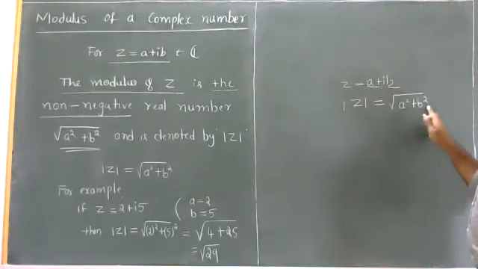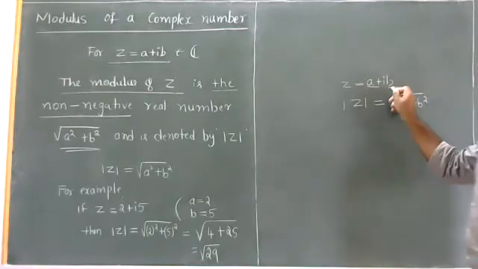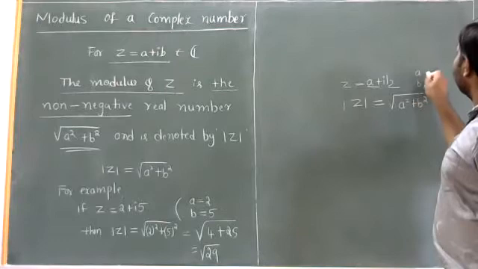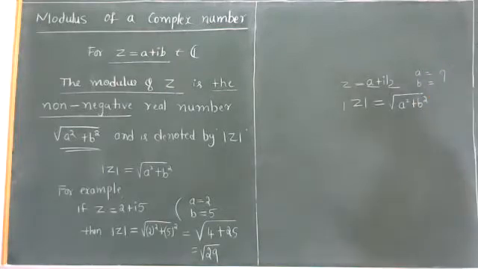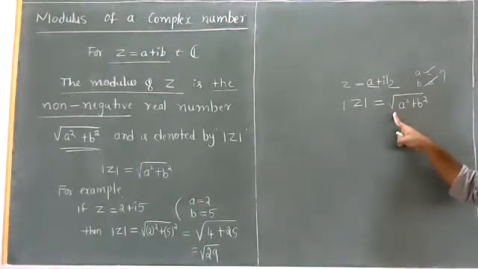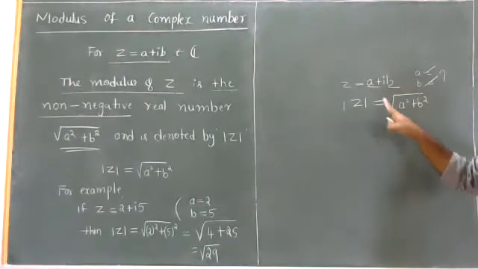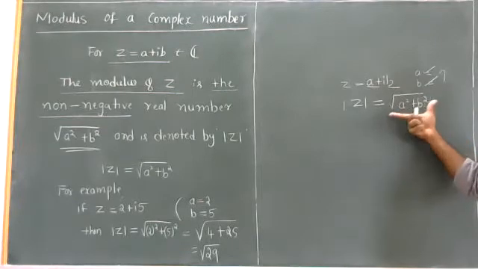Square root of a square plus b square. For a given complex number, a and b are fixed. A will be a fixed real number and b will be a fixed real number. So corresponding to these two values, we can have one and only one positive square root, one and only one value of square root of a square plus b square.